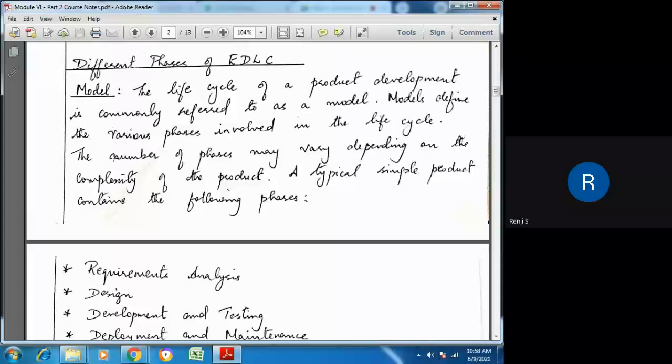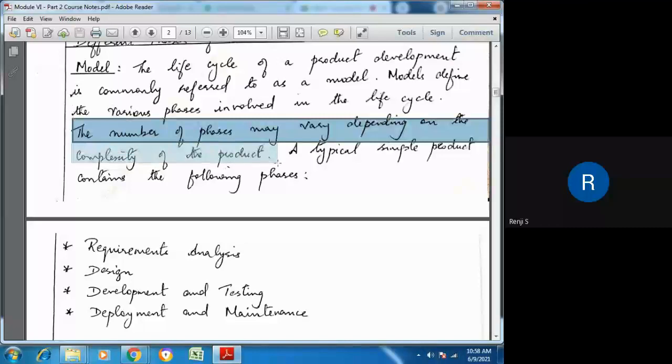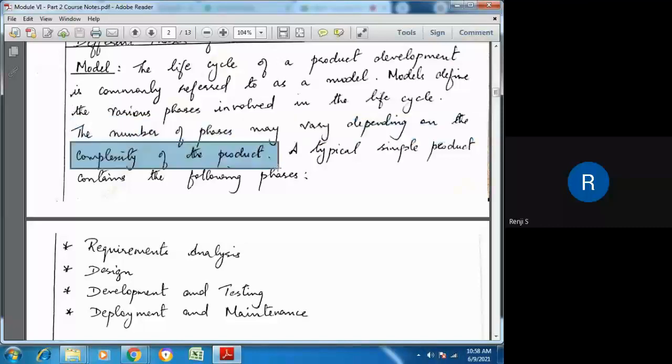So here also for embedded system development, there are different specific phases involved. So we have to study what are the phases involved in embedded product development. Here, the number of phases may vary, and this number of phases may depend mainly on the complexity of the product. For a simple product, we may not go through all the phases of EDLC.